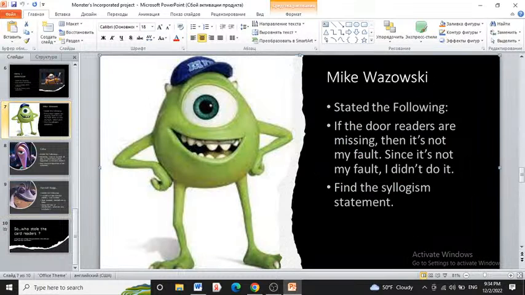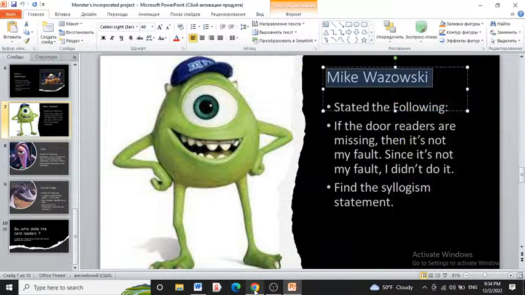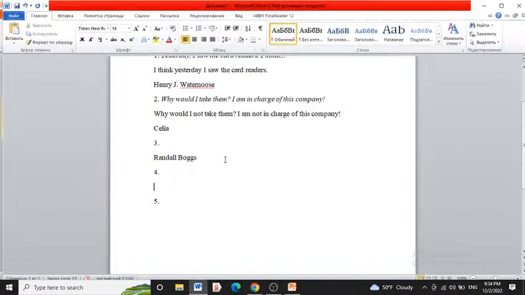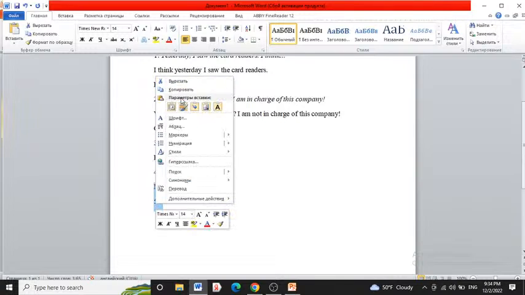I need to put Mike Wazowski as number 3 here. Control X, but it's not letting me do that.